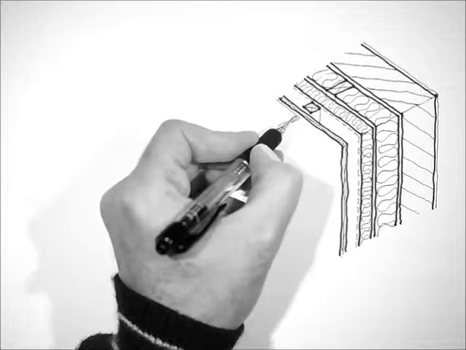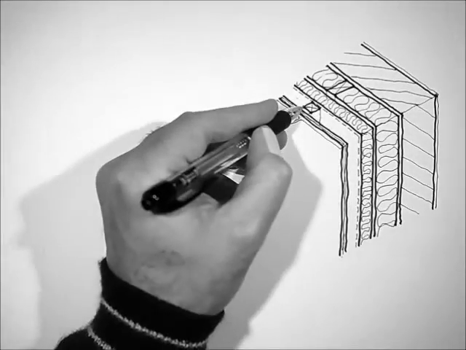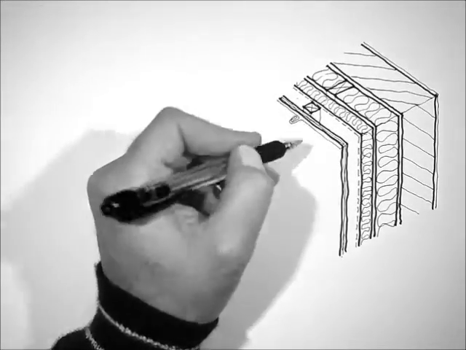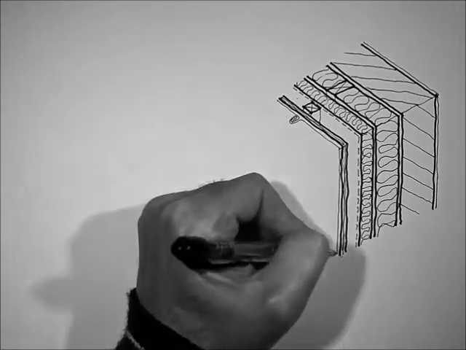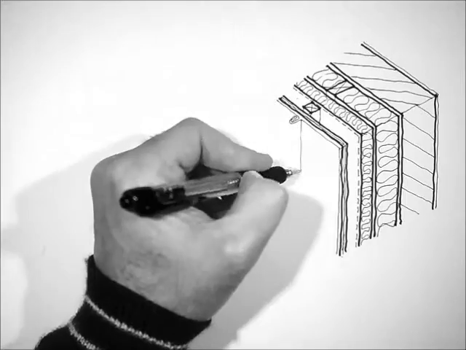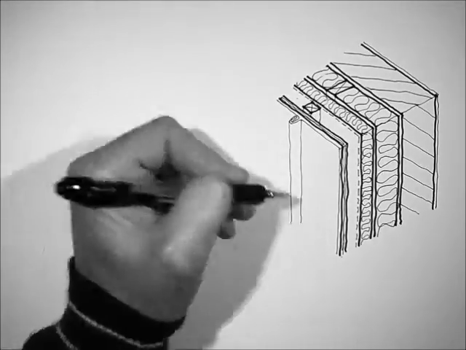But that gap is created by a batten there with plywood fixed to it, and then we're going to clad that plywood with zinc.